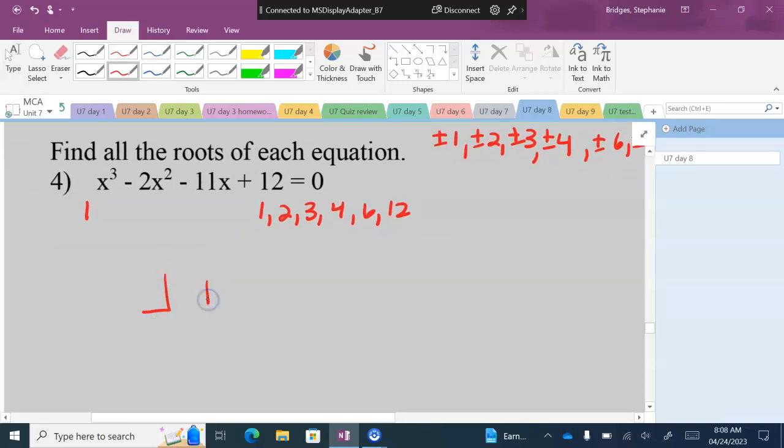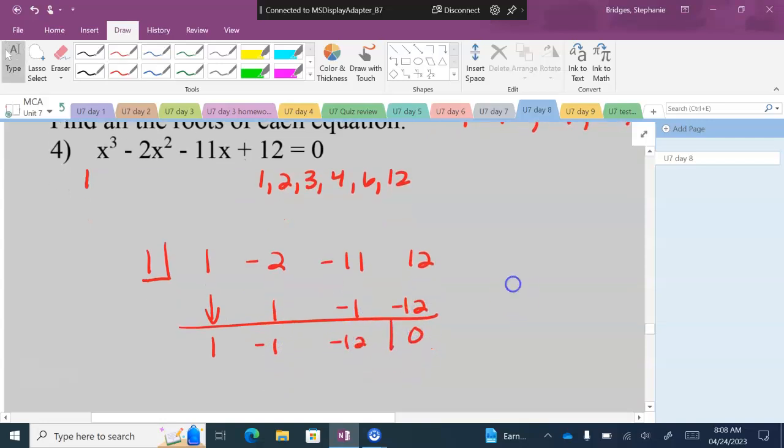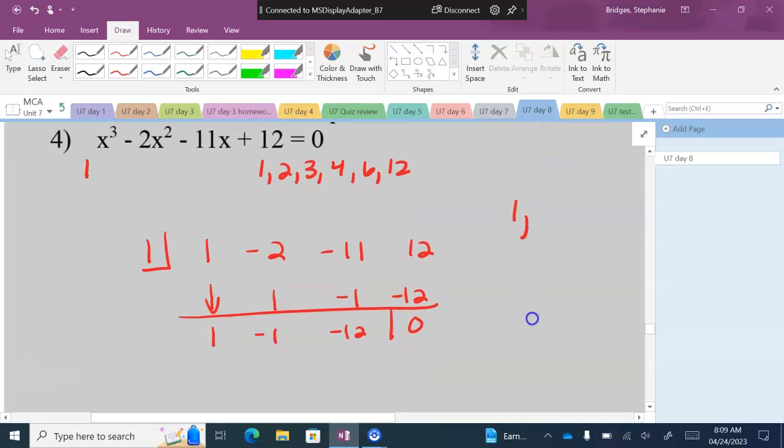I got a +1x cubed, a -2x squared, a -11x, and a +12. If I add all those together, does that zero out? It does. So that tells me that 1 is going to work when I do it. And what I mean by is going to work, it's going to give me a remainder of 0. Okay. So 1 is a solution.